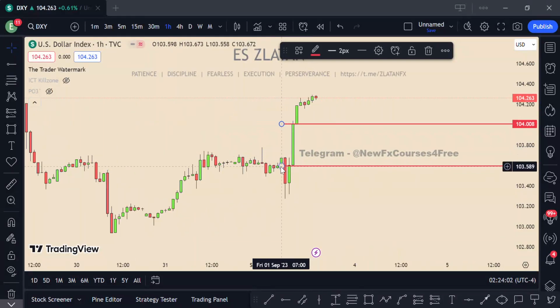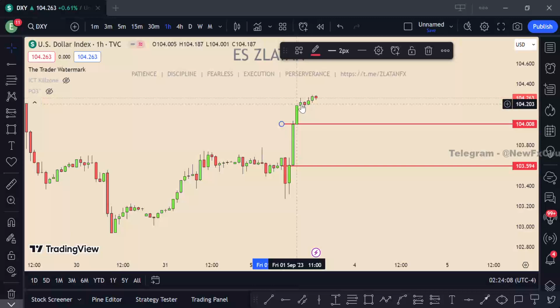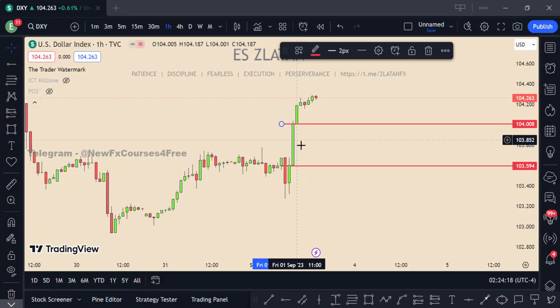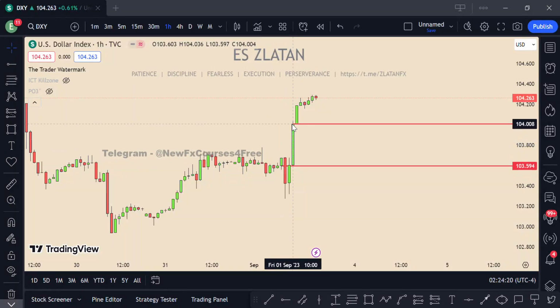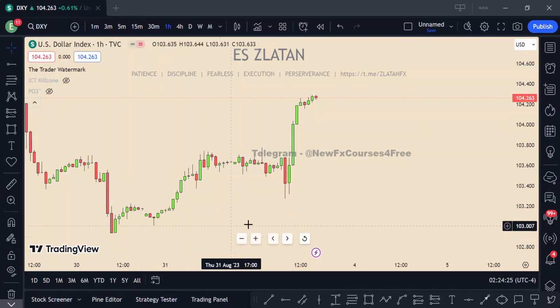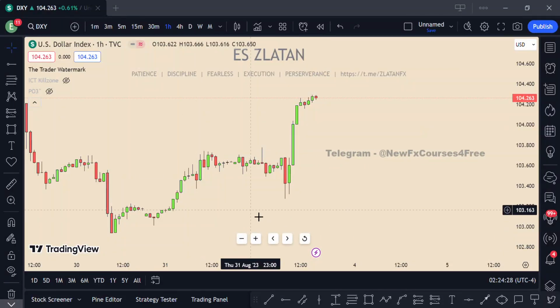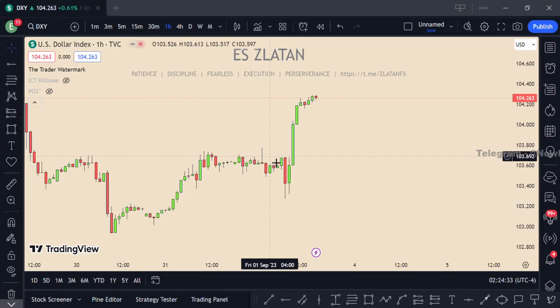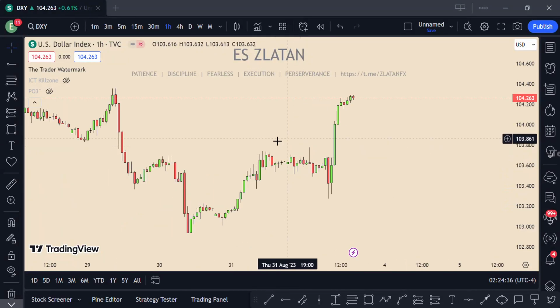So we opened here on the 4-hour and we manipulated to the downside and we distributed to the upside. So you can take the high time frame candle through the lens of accumulation, manipulation, and distribution. It's just left for you to find the time frame that works best for you and apply it with caution, right? And you have to practice very, very much on this to get it right. You understand?